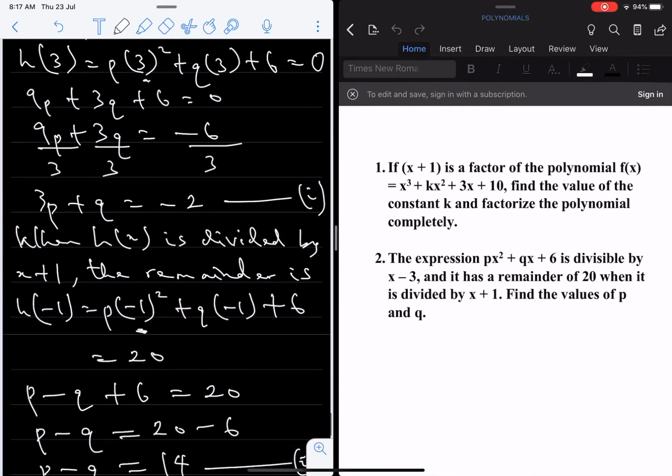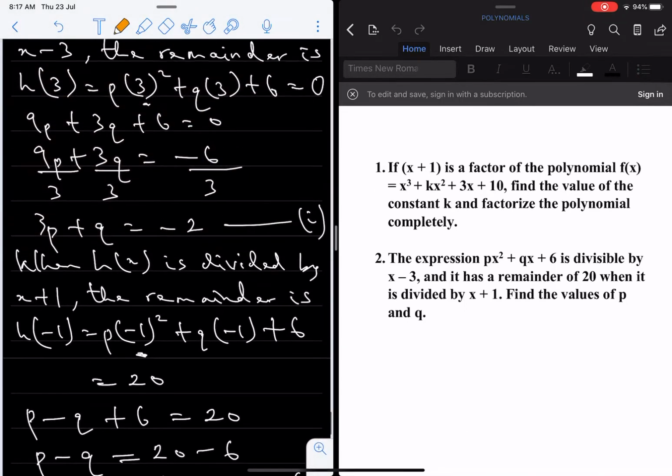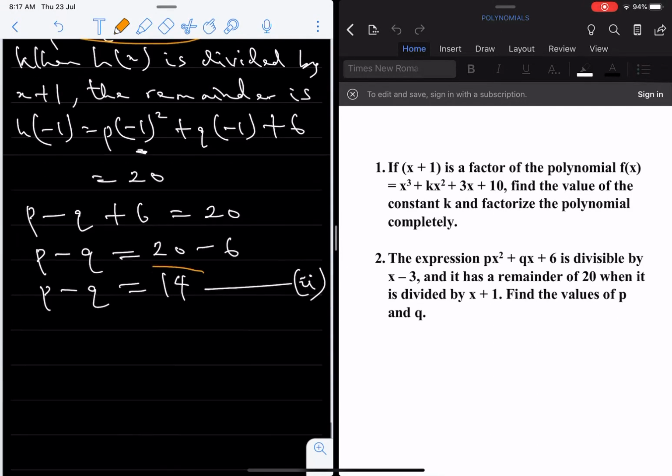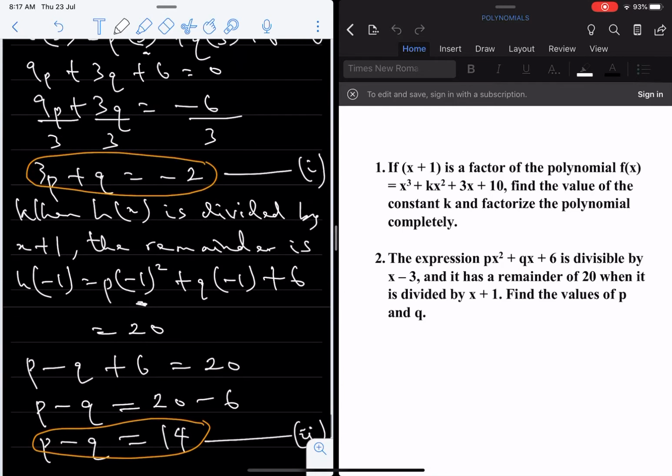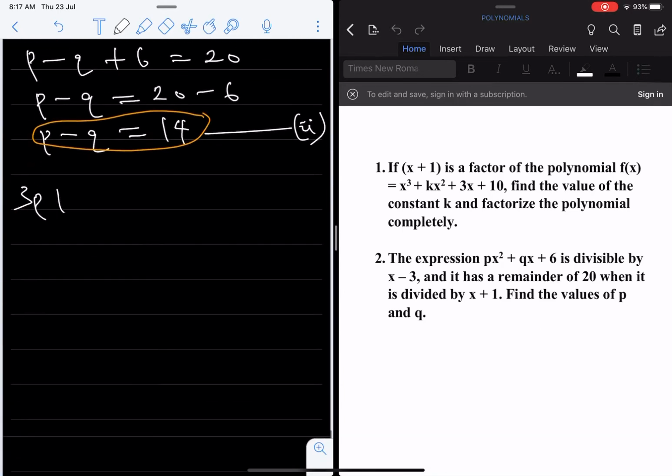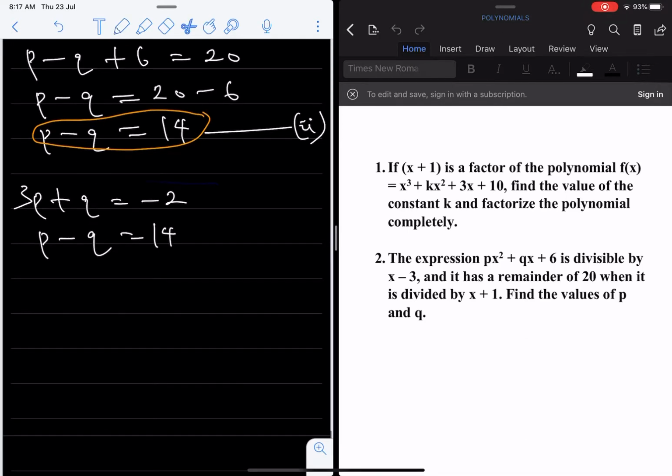Now we can solve equations 1 and 2 simultaneously. 3p plus q equals minus 2, and p minus q equals 14.